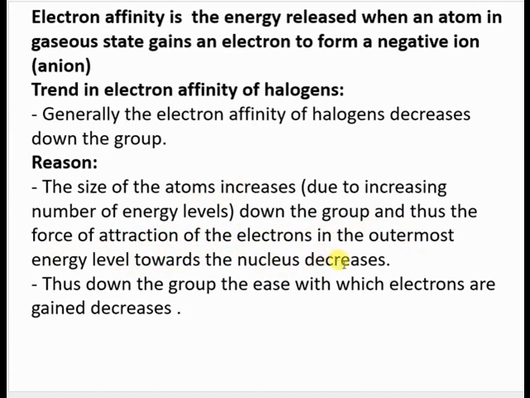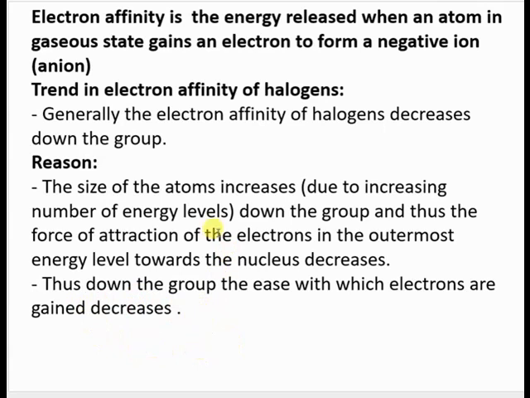If the nuclear charge effect decreases, then the ease with which electrons are gained decreases. So down the group, the ease of gaining an electron decreases as you move down the group. As the atomic radius increases, the ease of gaining electrons decreases.